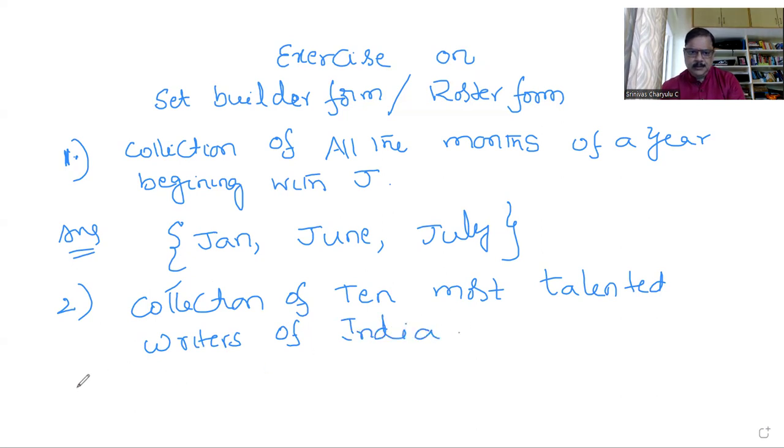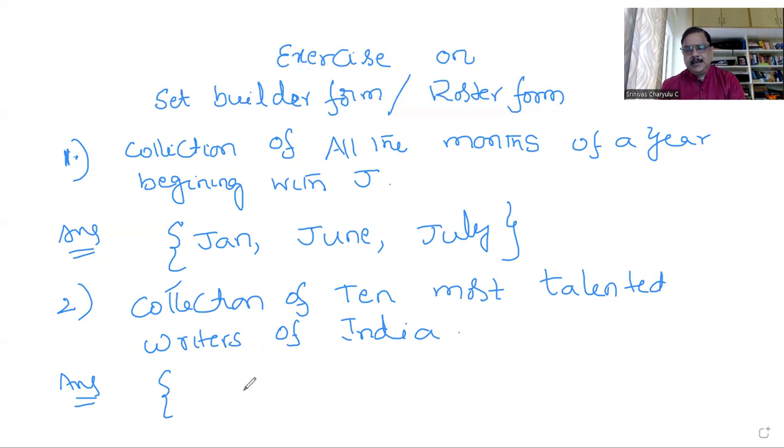See, this one, I wanted to tell you one thing. Whether this statement can make a set or not, that also sometimes they'll ask. The previous one, you see, is making a set. But the second one, if you understand, collection of 10 most talented writers. Whom all will you write here? What is the criteria for selecting a topmost writer?